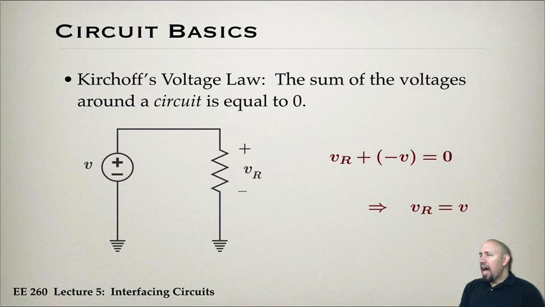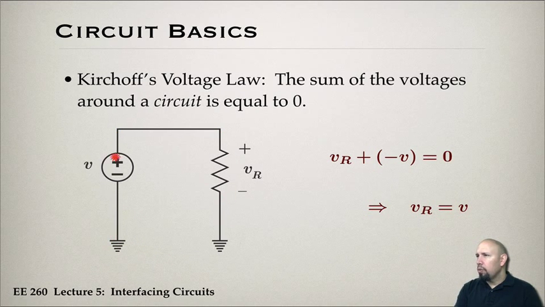Okay, associated with that is what's called Kirchhoff's voltage law. Kirchhoff's voltage law says that the sum of the voltages around a circuit is equal to 0. So this is actually a circuit. That is, it forms a loop. Notice that I have grounds here, so even though it doesn't look like a full loop, actually it is a loop because these grounds we can think of as connected to one big conductor, and these wires are conductors.